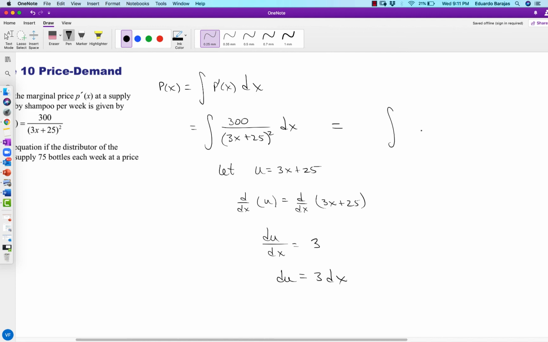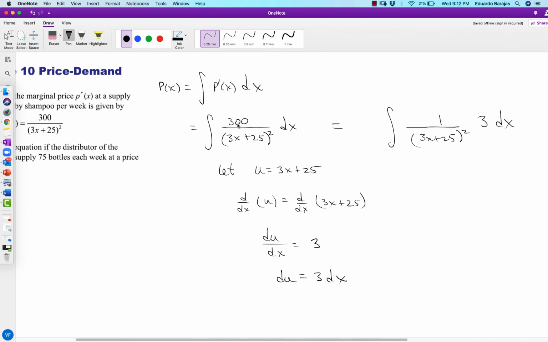This is equal to the integral of, and then in the denominator I'll leave the (3x plus 25) squared dx, and then I want that 3, so I'm going to put a 3 here, and rewrite it as 3 dx.